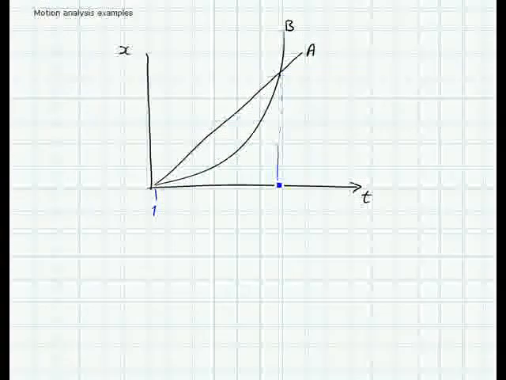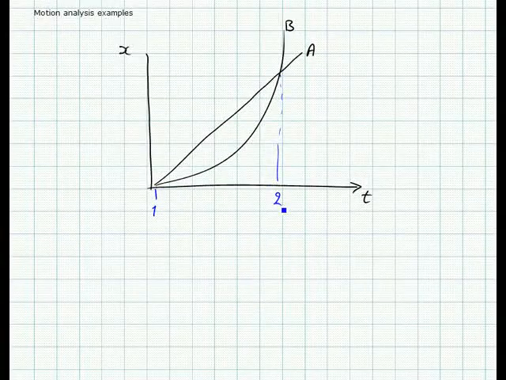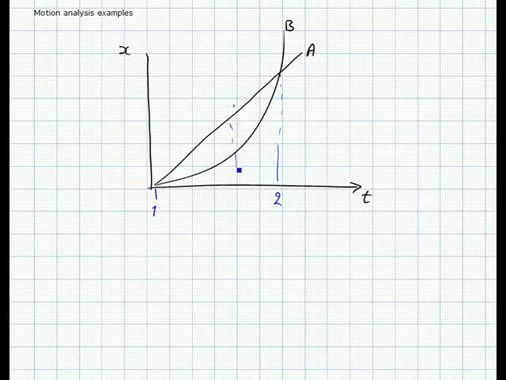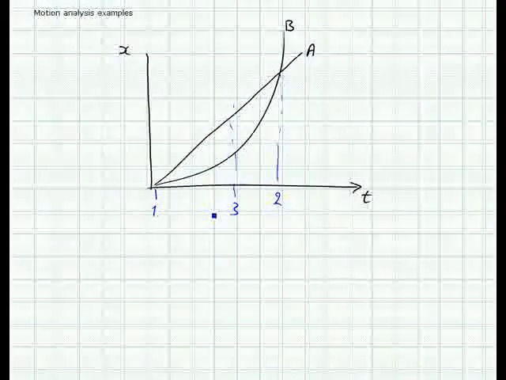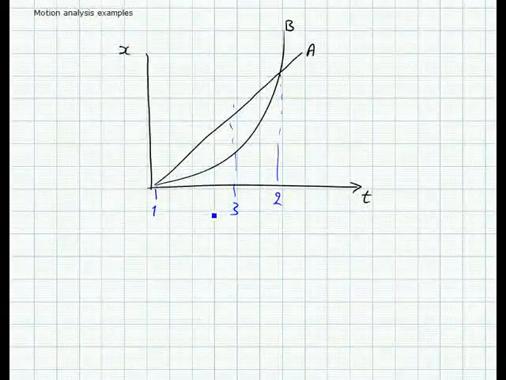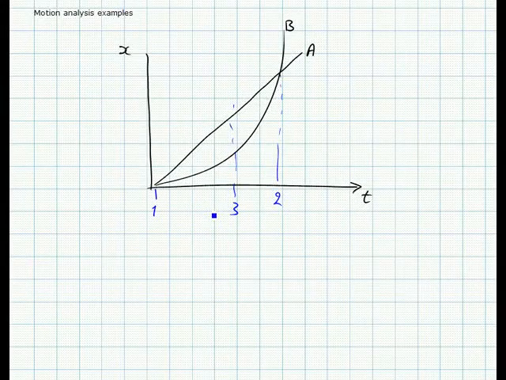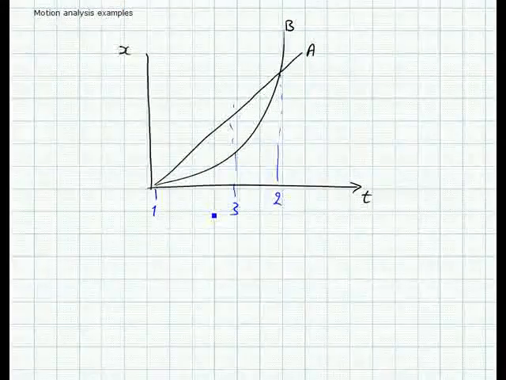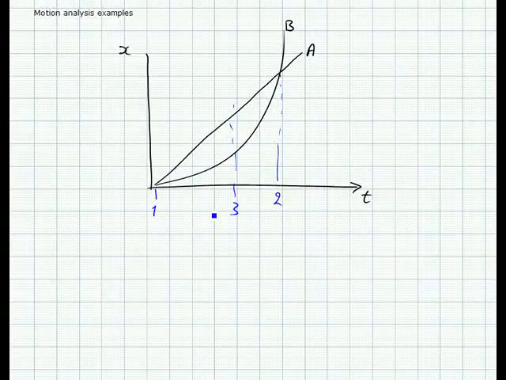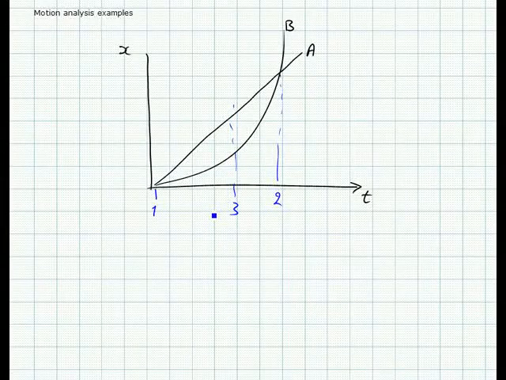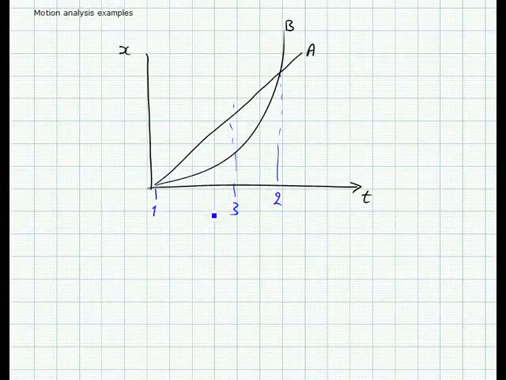Is it at point 2? Is it at point 3? So 1, 2, or 3. If you like to think about this for a second, you may pause the video and then I'll give you the answer after you come back.